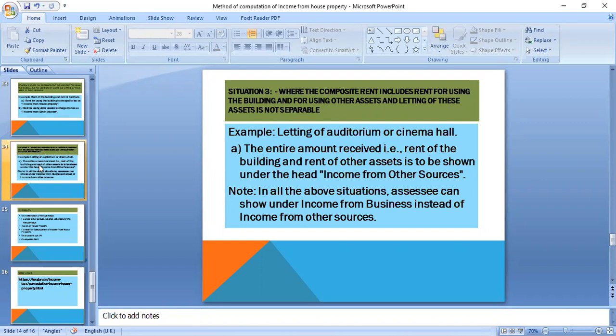Under that, the entire amount received can be shown under income from other sources. But one other simple way is that in all the above situations, the assessee can show it under income from business instead of income from other sources.